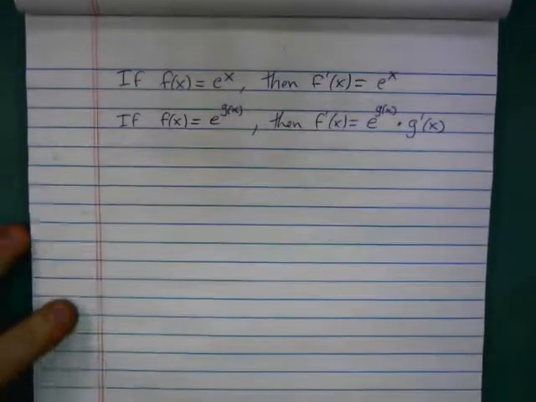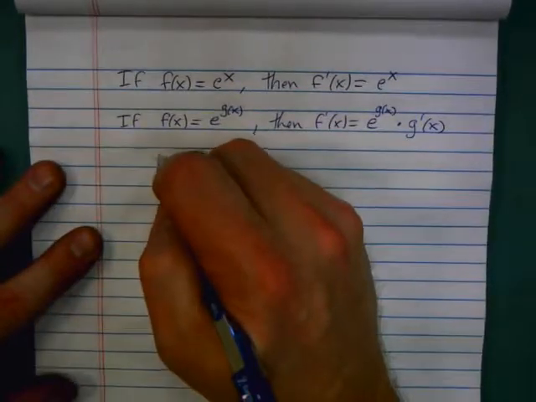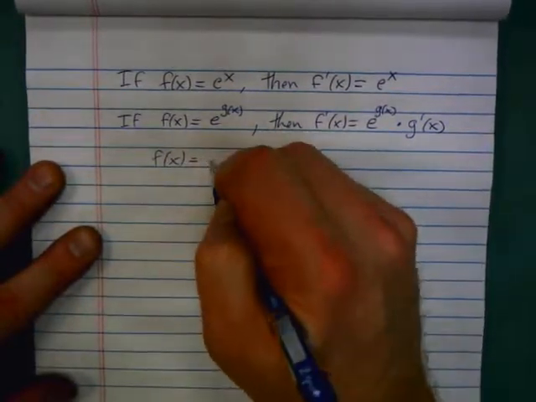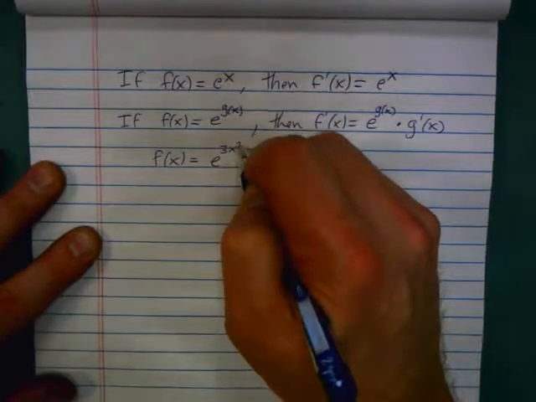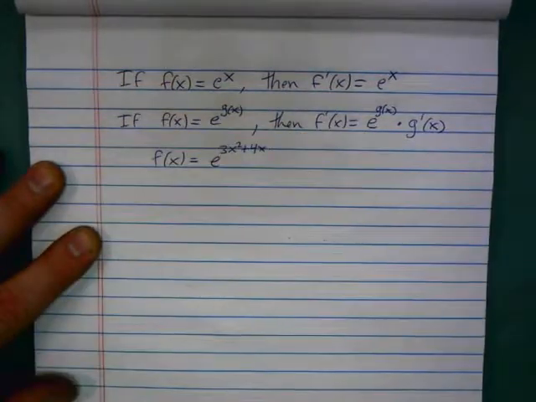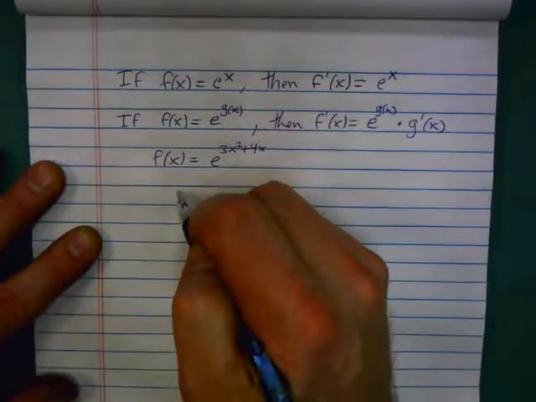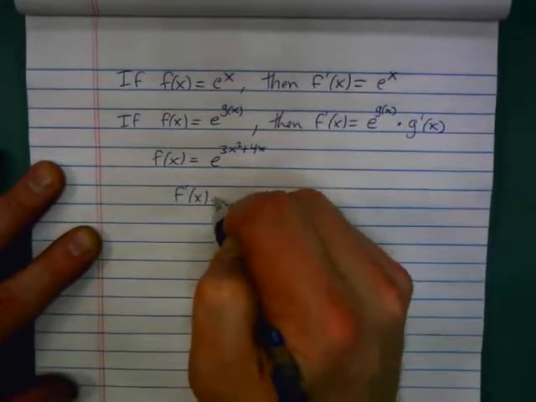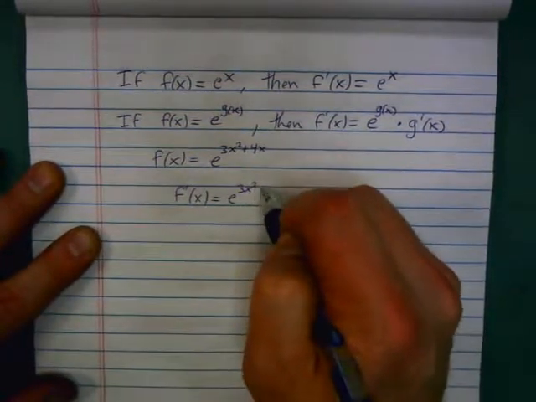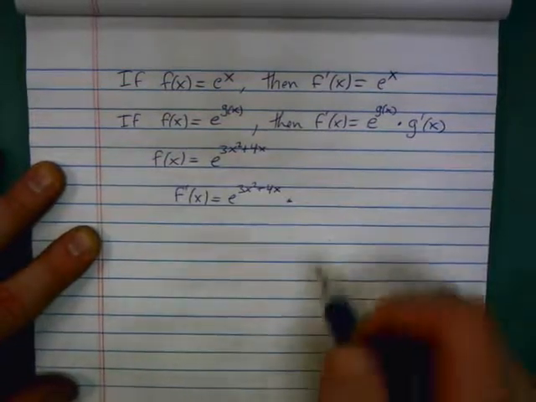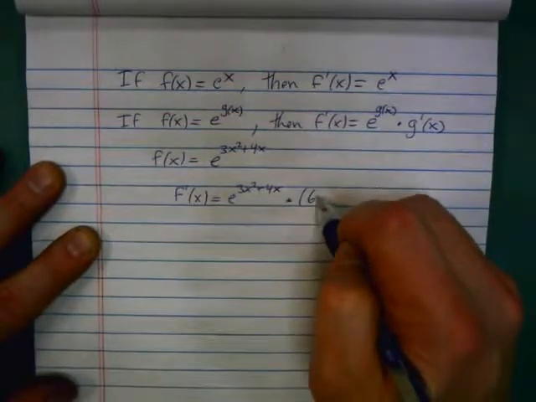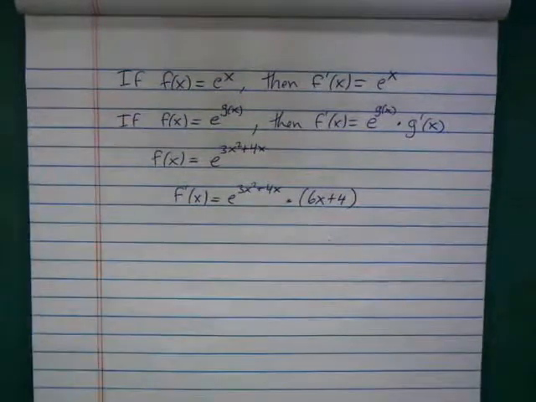All right. So very simple example. f of x is e to the 3x squared plus 4x. Then f prime of x is e to the 3x squared plus 4x. But then you have to multiply by 6x plus 4.